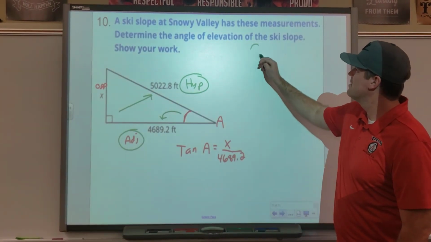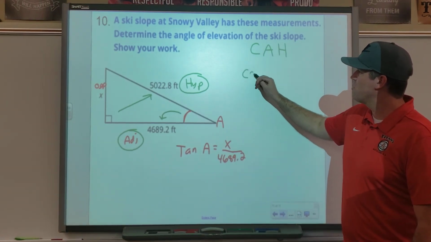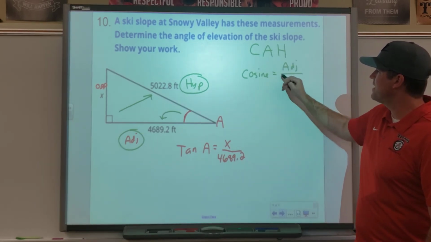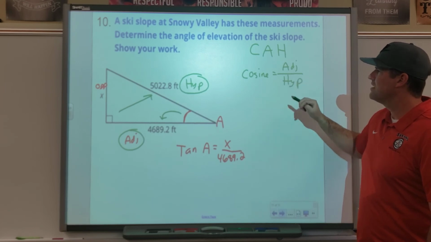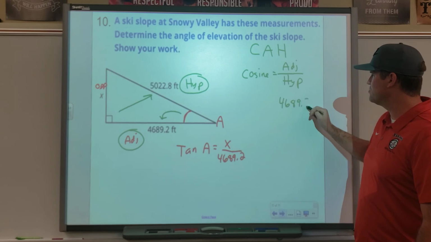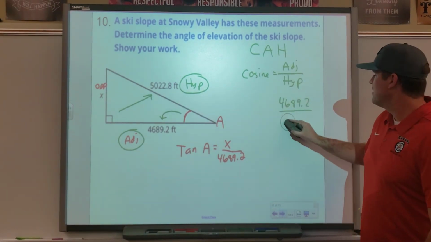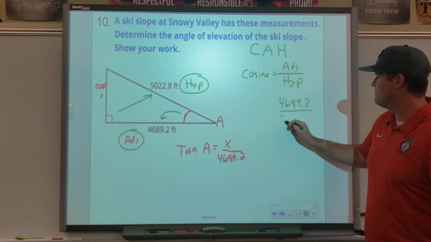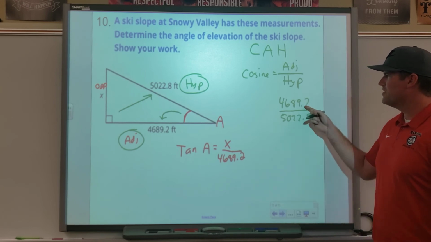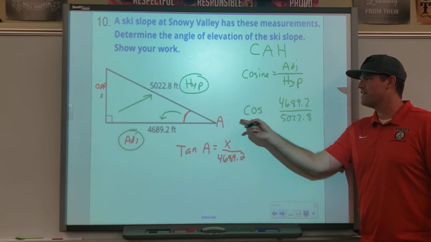Well, that's our CAH, right, of SOH CAH TOA, which means cosine equals adjacent divided by hypotenuse. And if I know the adjacent is 4,689.2, and I know the hypotenuse is 5,022.8. So if I already know those, and that's cosine, how can I find the measure of angle A?